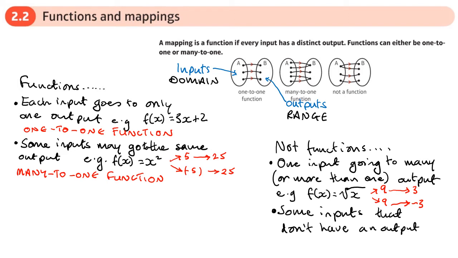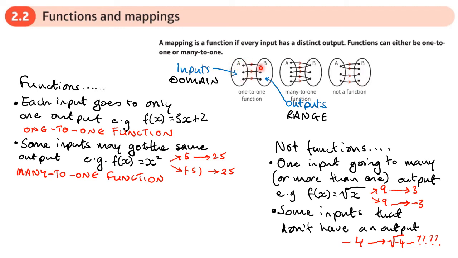So for example, if you had an input value of -4 and you try and work out the square root of -4, well, it's got nowhere to go, isn't it? Because we haven't got a definition yet for square root of negative numbers. So we would have inputs like dots on this side of the oval, but no arrow.